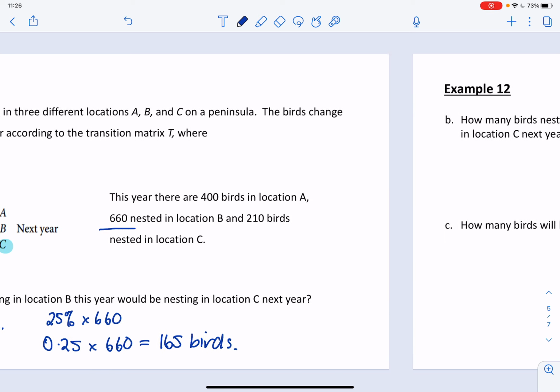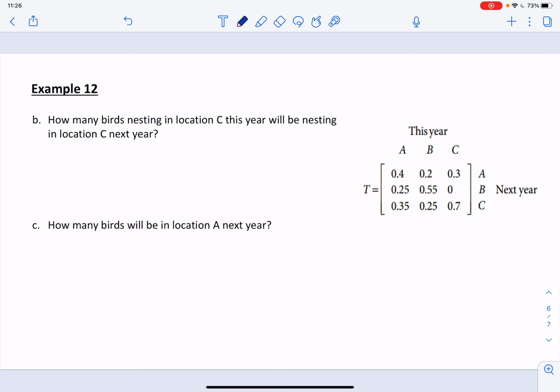Part B: how many birds nesting in location C this year will be nesting in location C next year? Now, location C started off with 210 birds this year. Looking at our diagram, we start at C and end up at C, so going down here, we've got C to C at 0.7 or 70%.